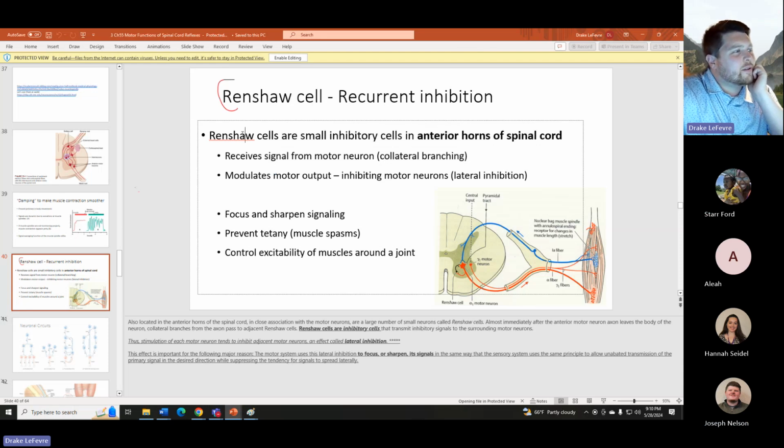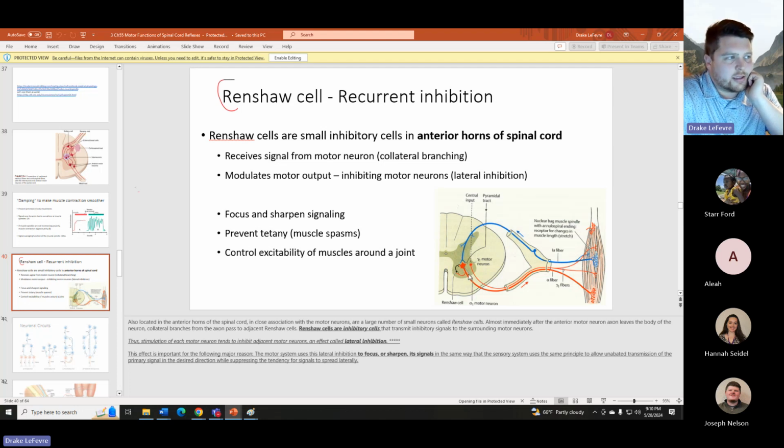Okay, so the Renshaw cells are small inhibitory cells located in the anterior horns of the spinal cord. It's kind of an off branch. See how this little Renshaw cell right here, that one A fiber comes in, it branches, and then it goes down to that alpha motor neuron.